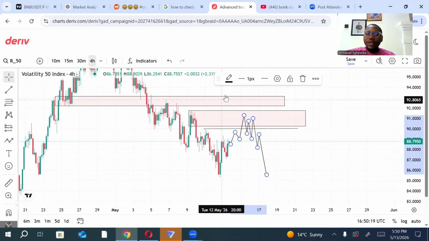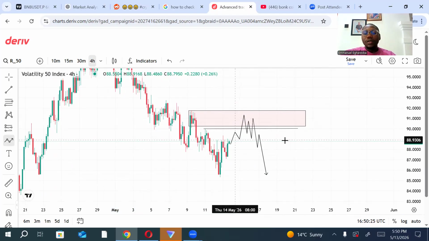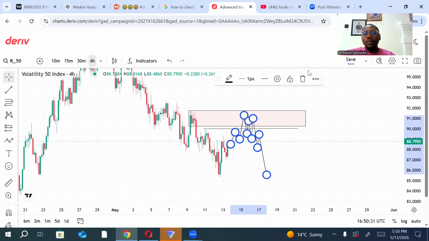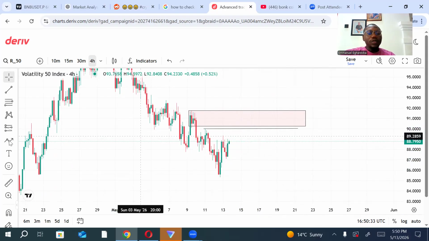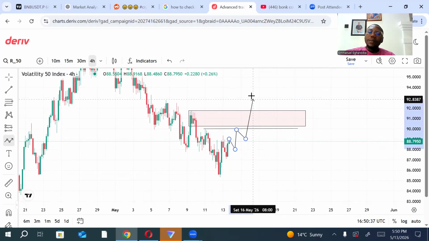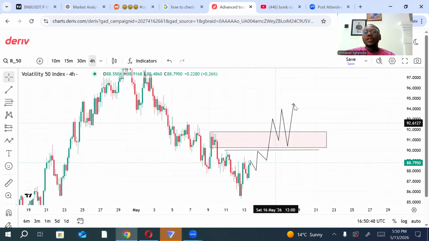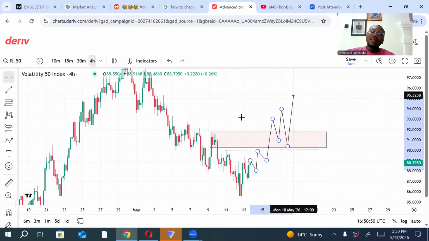If price becomes bullish, we must see this happen first. Maybe a big push above here, and then a structural push to the upside. That is what is going to give us a bullish intent.